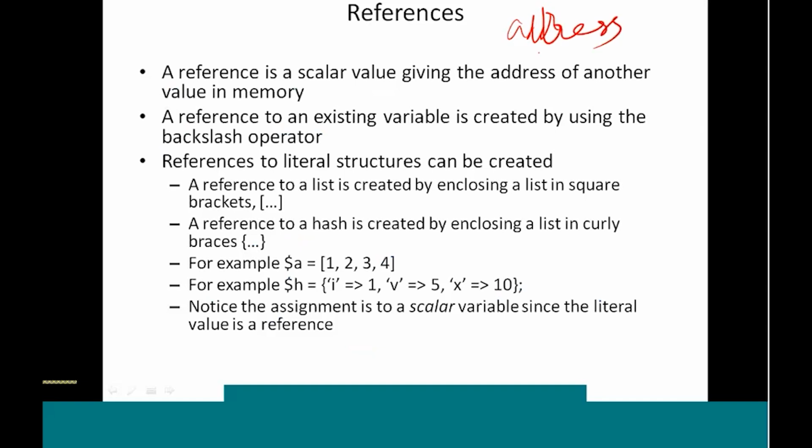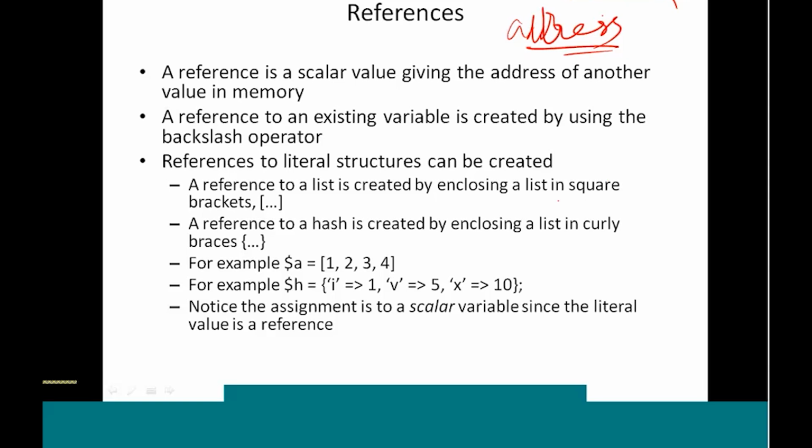You can think of a variable as a memory location in the main memory to which a value will be stored, and there is an address to it, which is the reference to that variable.